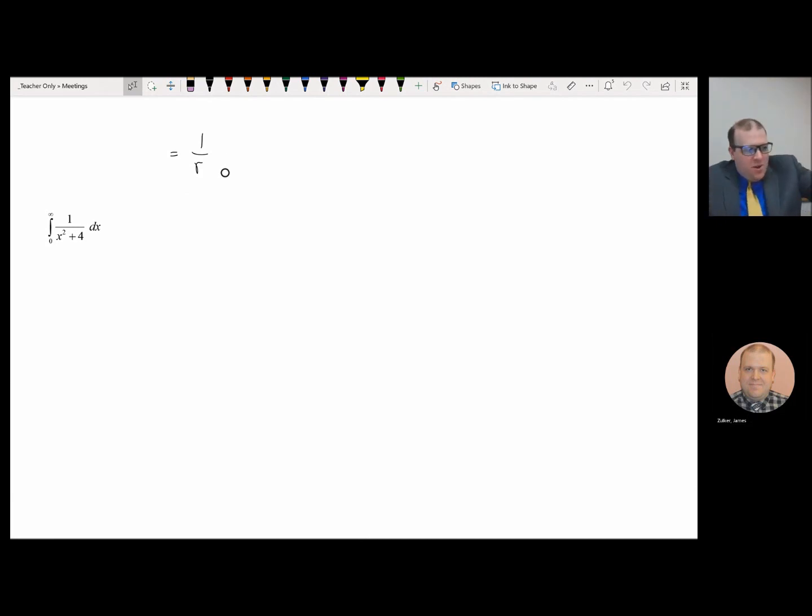Integral from 0 to infinity of 1 over x squared plus 4. We again have an improper integral. Our interval is infinite. In this case, it's our upper bound that happens to be infinite, right?